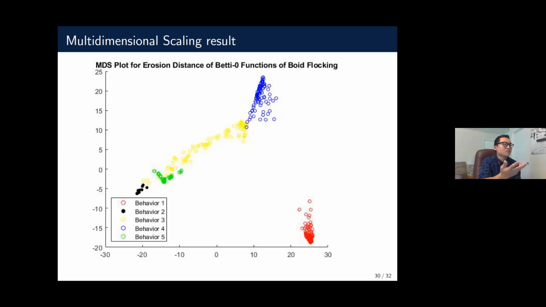For instance, work by Ulmer, Jagan-Meyer, and Topaz used persistent homology to test the validity of a mathematical model for collective behaviors. For doing that, we need some sort of metric, so this sort of idea can be used for those kinds of applications. But we didn't do that application yet. Yeah. Cool, thank you. Does this answer your question? Yeah.